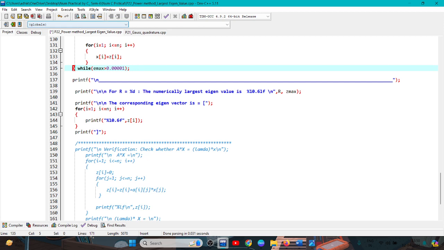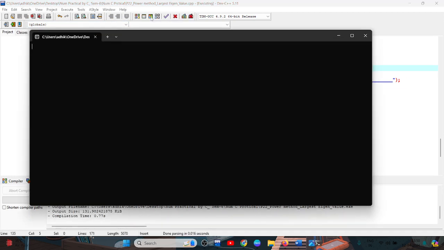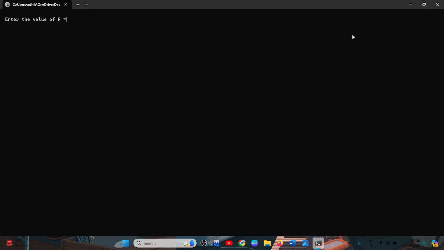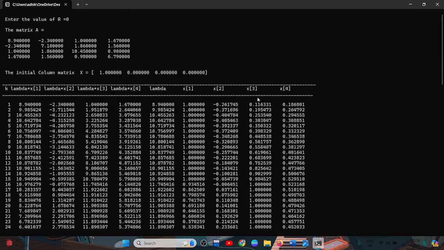So first save, compile and run. After successful compilation and run, enter the value of r, equal to 0. We get the iterations: k is the number of iteration, the first column, second column lambda into x1, third column lambda into x2, lambda into x3, lambda into x4.